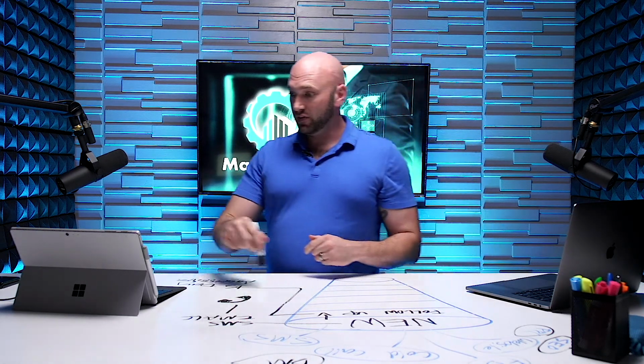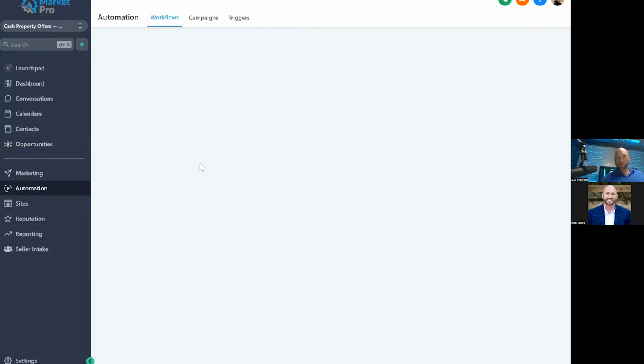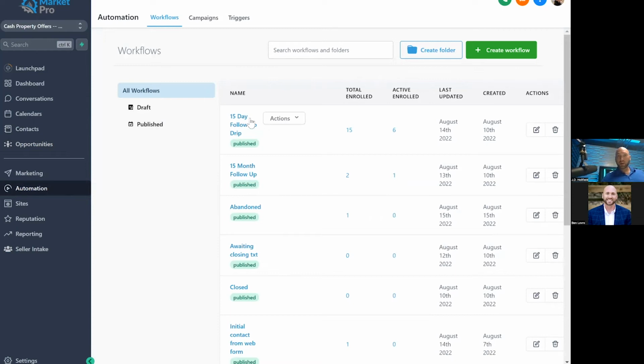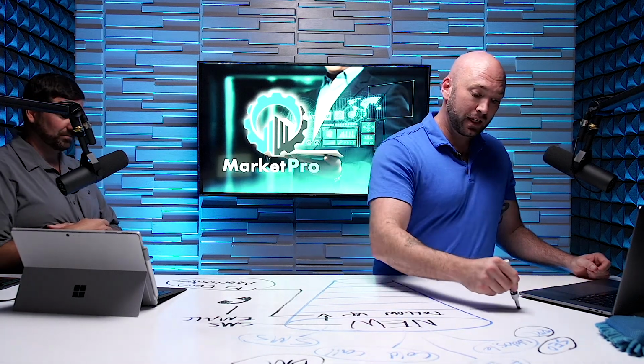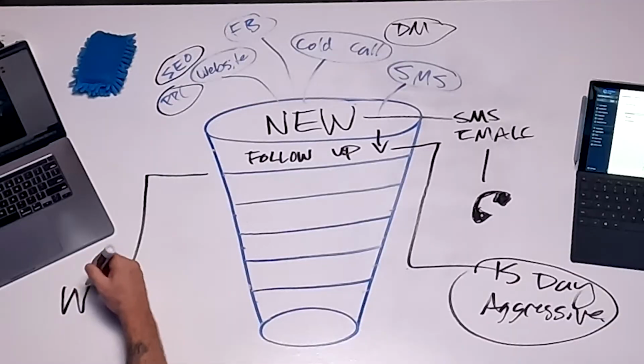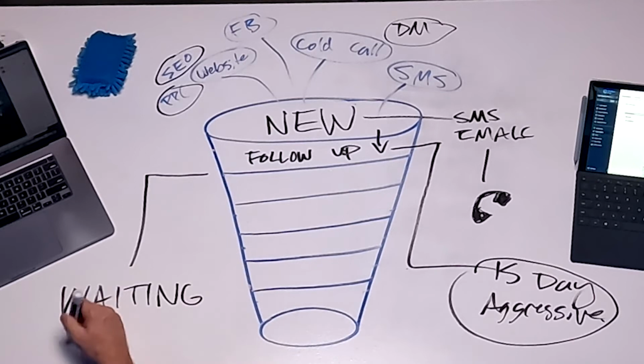After we go through this 15-day sequence, which you can actually see here in the automations tab, 15-day follow-up, right? After we complete this 15-day nurture sequence and follow-up, it automatically pushes them down to what we call the waiting room.